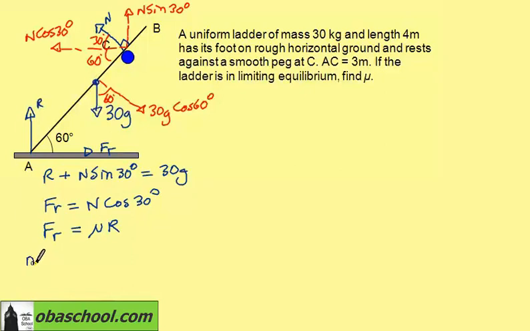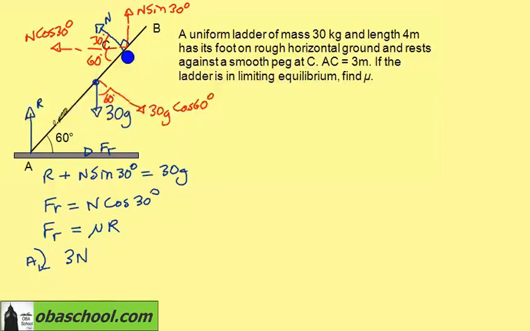I'm going to also take moments about A. FR and R act at A and therefore have no turning effect. The N, which is at right angles to AB, has a moment 3N since its distance is 3. This component has a turning effect.